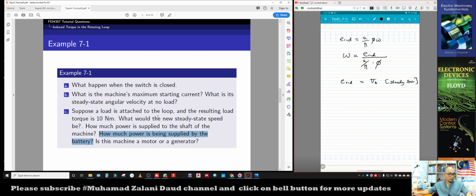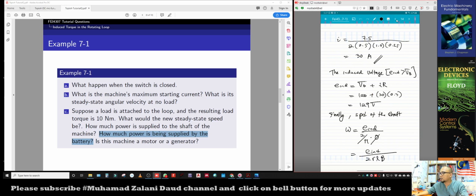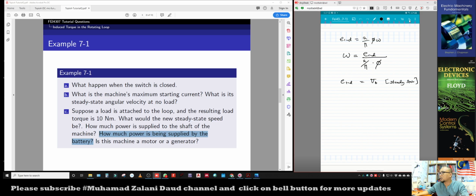So we can substitute phi and then get omega equals E_in divided by 2RLB, right? Before this we have done this: omega is E_in divided by 2RLB.